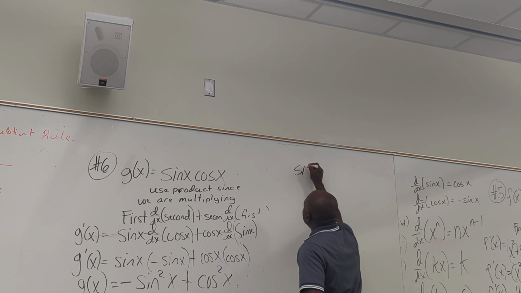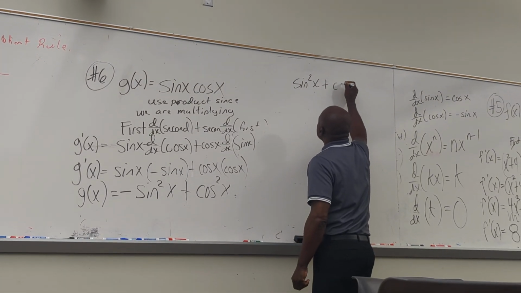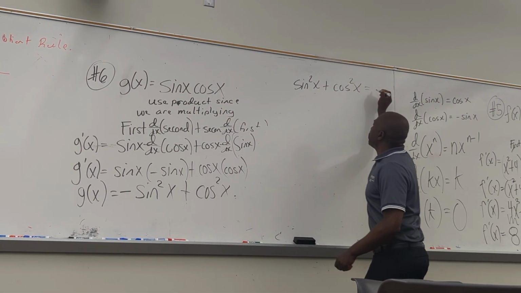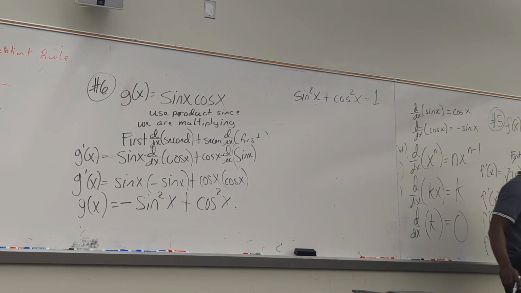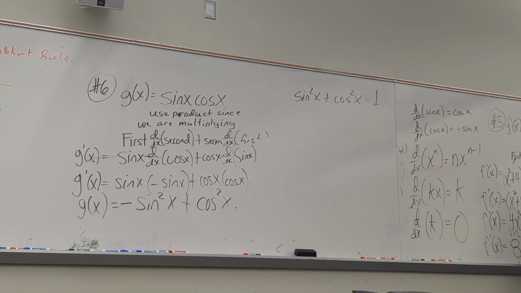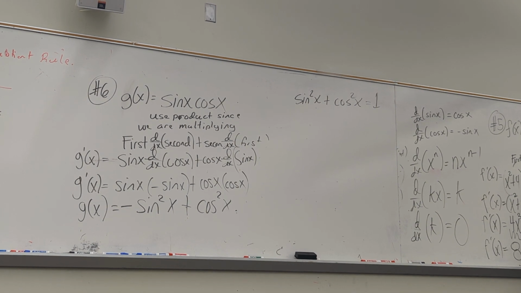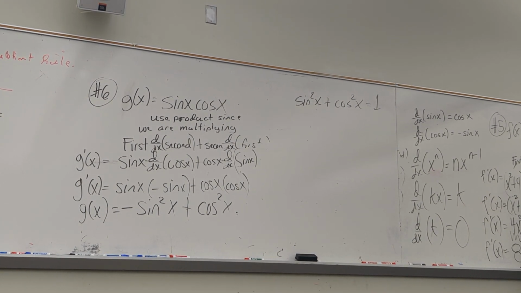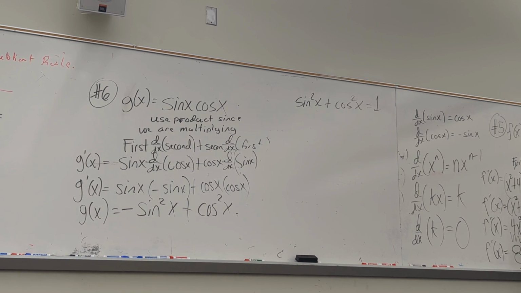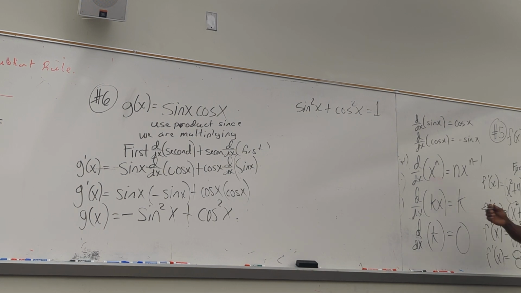If I have sine squared x plus cosine squared x, then it's equal to 1. Yeah, but wouldn't it be negative 1? It says when I have sine squared plus cosine squared x, I'll get 1. I don't have that, so it is what it is. We good?